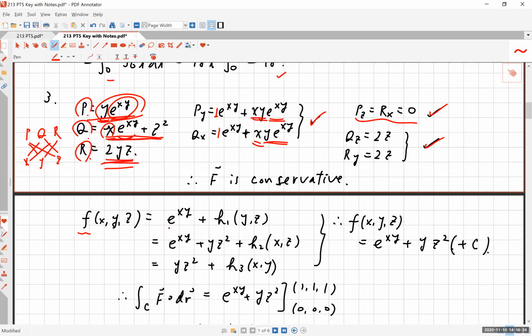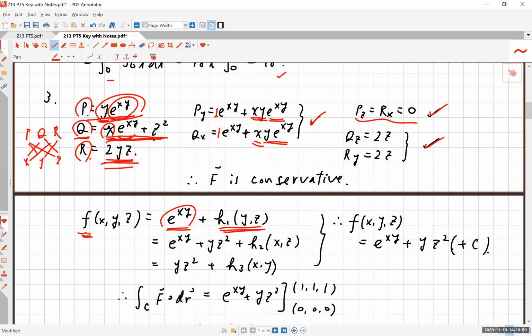But I hope you understand that the antiderivative of that with respect to x is simply e to the xy. Just differentiate this with respect to x. You can see that it would be y times e to the xy with the chain rule. You could also have some expression involving y and z, but x should not appear here. If you differentiate f with respect to y, then you get this thing here.